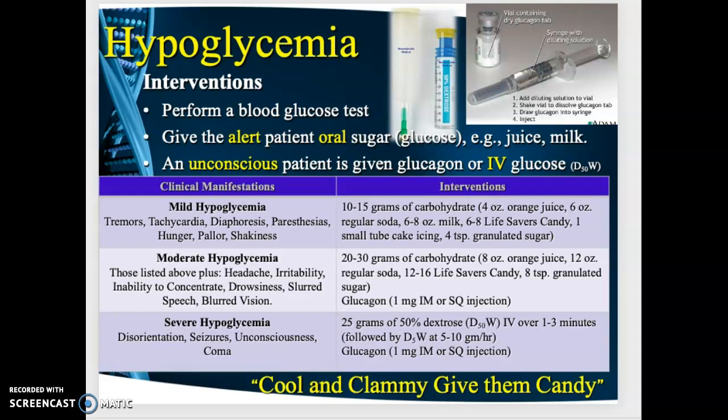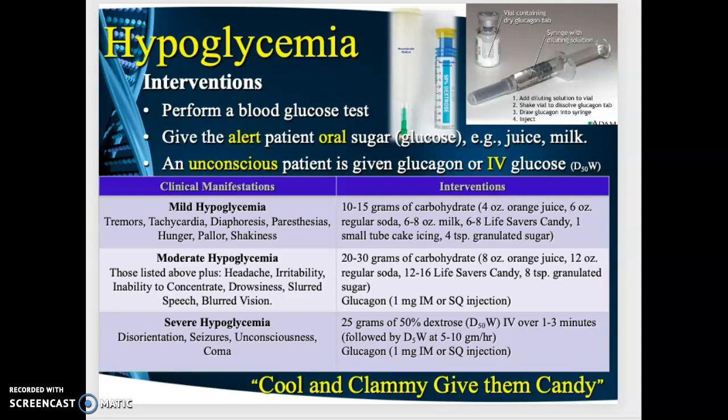But please listen here. If they're unconscious, if they're obtunded, if they're not responsive, then we never give anything to them by mouth, and we need to give them either a glucagon injection or IV glucose, and it's usually in the form of D50W. So let's look at some of the interventions down below here.